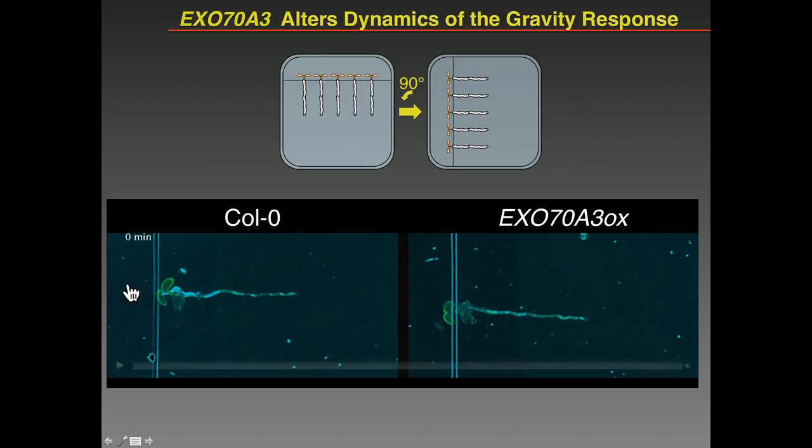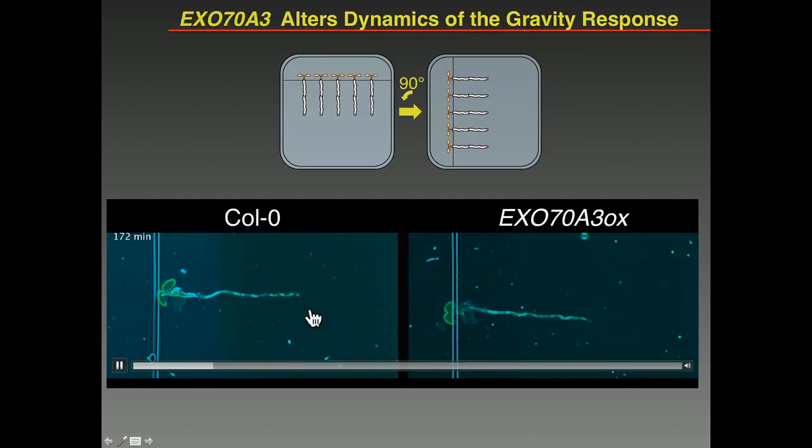When we tested the effect of the overexpression of this subunit, we tested how well the root actually finds the vector of gravity, which is the process that we think is involved. We can see that the wild type turns nicely when we turn it to the side and mess up its growth vector, while this overexpressor responds much more sluggishly.